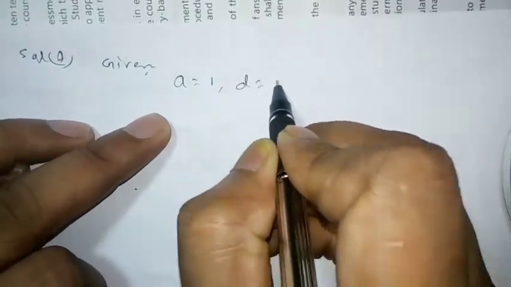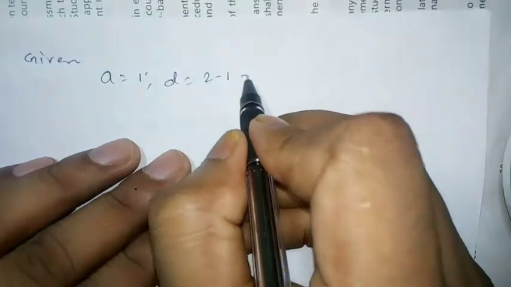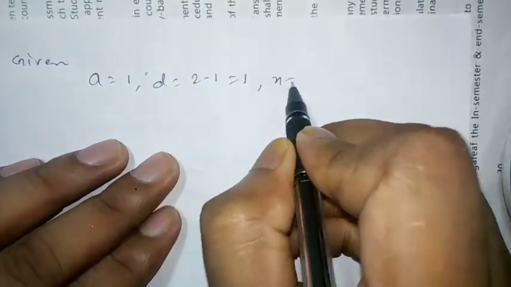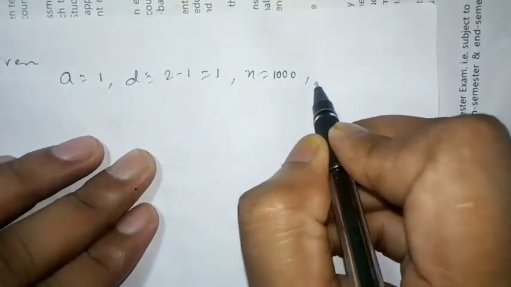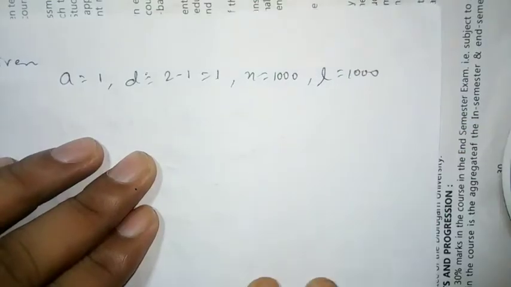Given the first 1000 positive integers, it means that a is equal to 1, d is equal to the second term minus the first, 2 minus 1, is equal to 1, n is equal to 1000 and also l is equal to 1000.